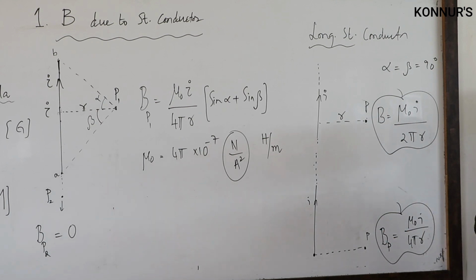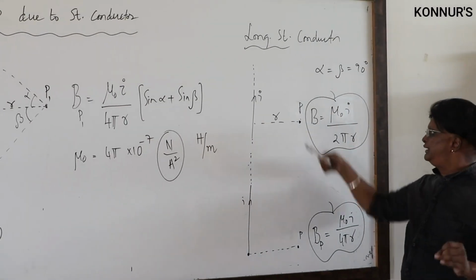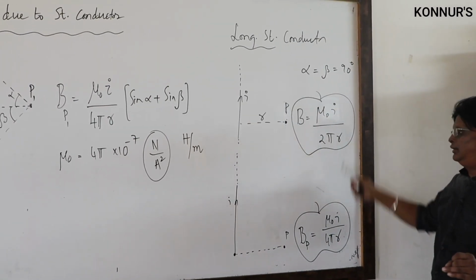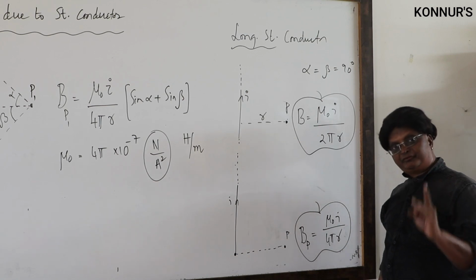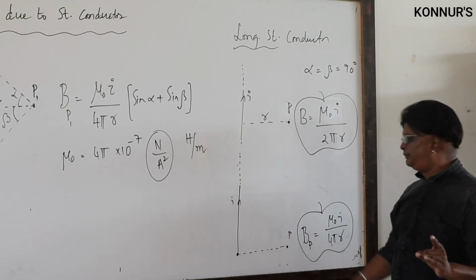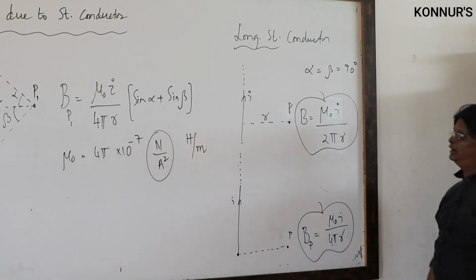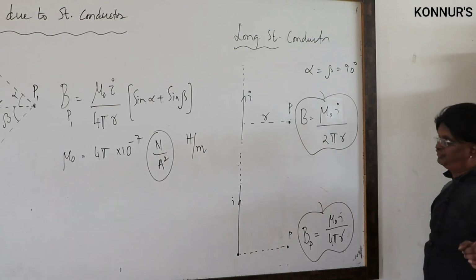Any question when you are given, first thing is whether it is finite length or infinite length. Second one, if it is again infinite length, two possibilities: a lateral point P which is somewhere in between the ends, then mu naught I by 2 pi R. Otherwise, infinite wire, but the point is opposite to one of the ends, mu naught I by 4 pi R. The denominator is a change we have to remember.